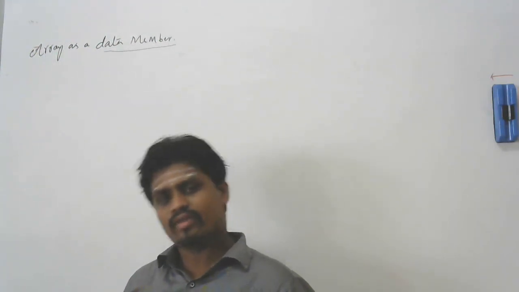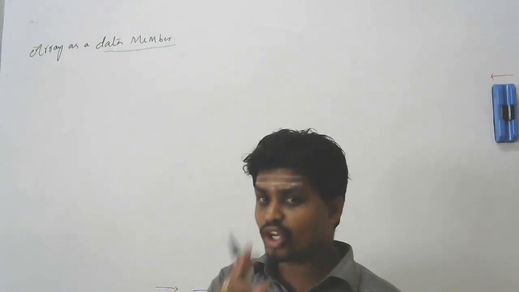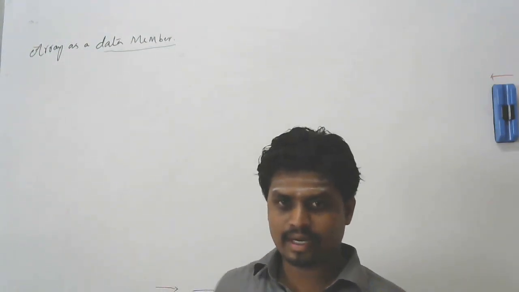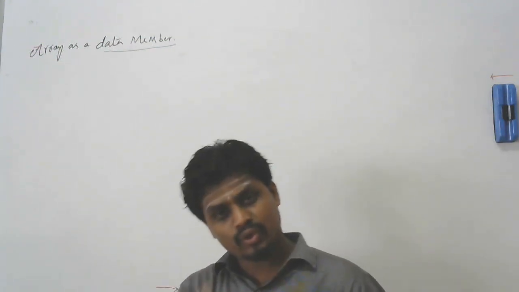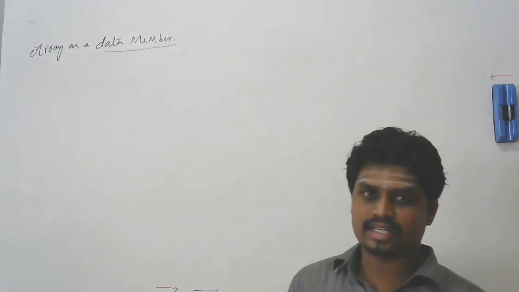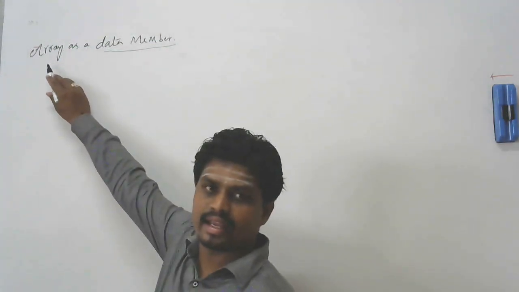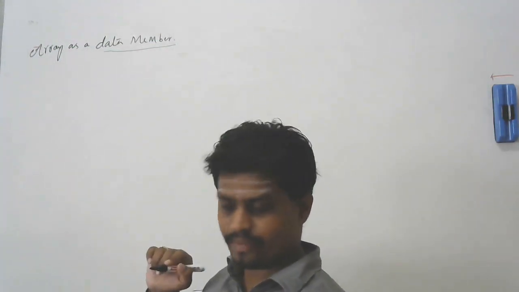Till now, we have declared a data member with a normal variable. But in this session, we will learn how you are declaring those data members as an array variable. Okay, we'll see the definition.